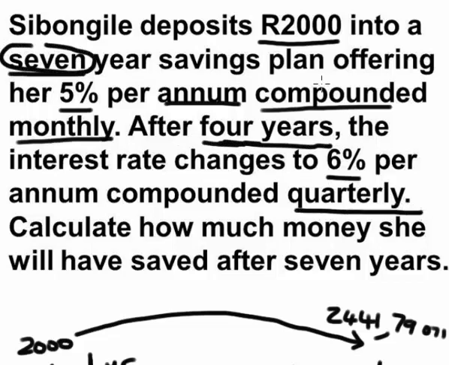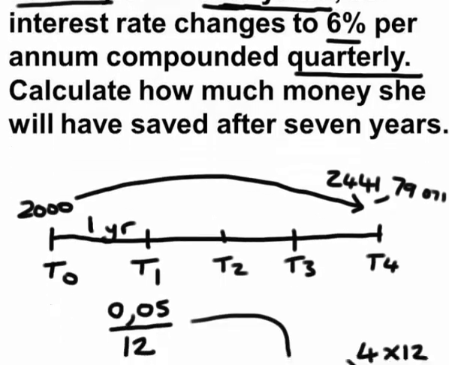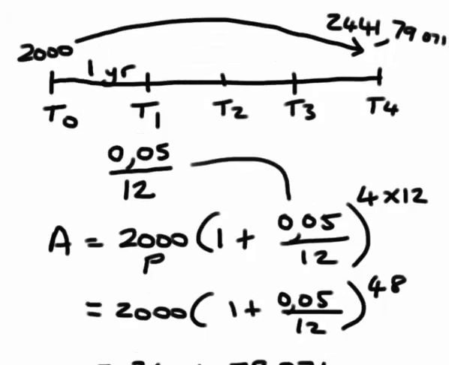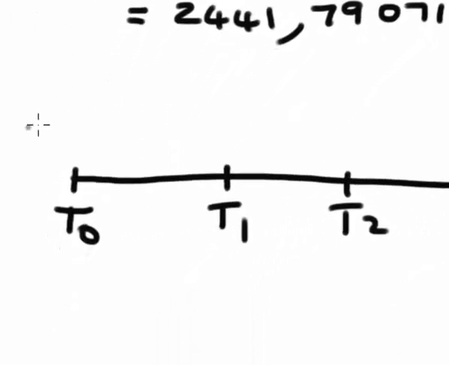So for the first 4 years, we had a 5% compounded monthly interest rate, and we grew the 2,000 for 4 years. Now the next 3 years, what happens? Here we go, we've got the 2441. I'm going to work to maximum accuracy, so I've got my amount here.